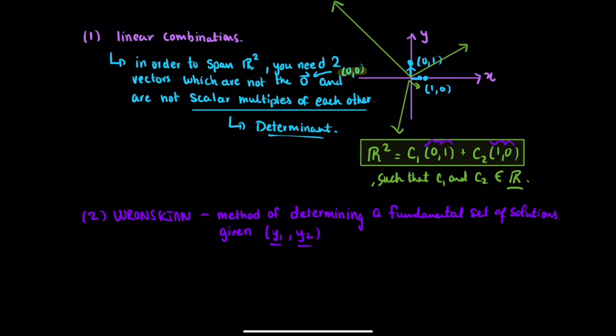And so these two vectors had these conditions, right? They could not be the zero vector, and they could not be scalar multiples of each other. And so the Wronskian checks all that.